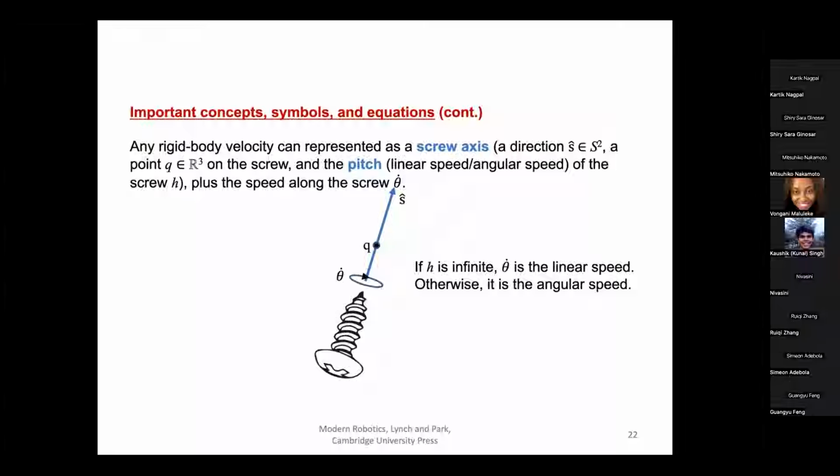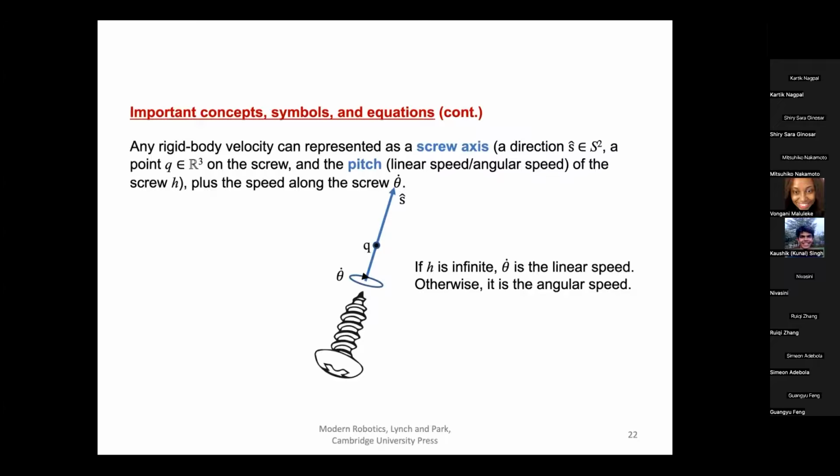Screw motion means the following. There is some line in space. This line is called the screw axis. And the motion is equivalent to rotating and moving along the axis of the screw.